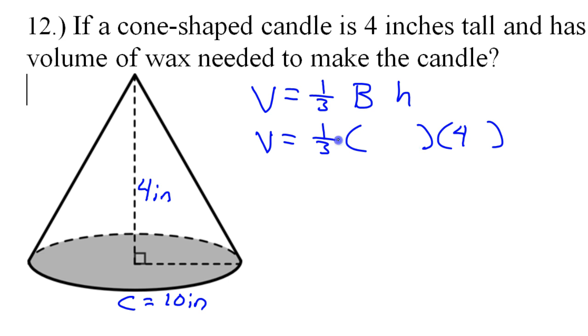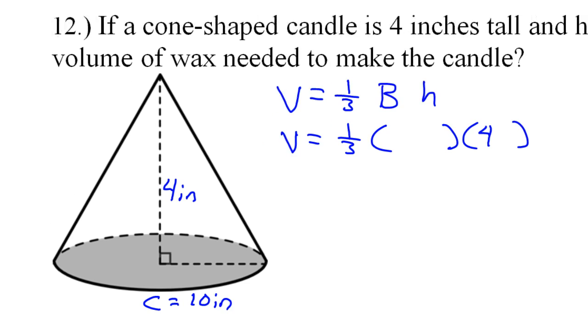So great. But the area of the base is another matter. We were given the circumference of the base, but not the area. So what you do is you do a side problem, and you come back to this thing.